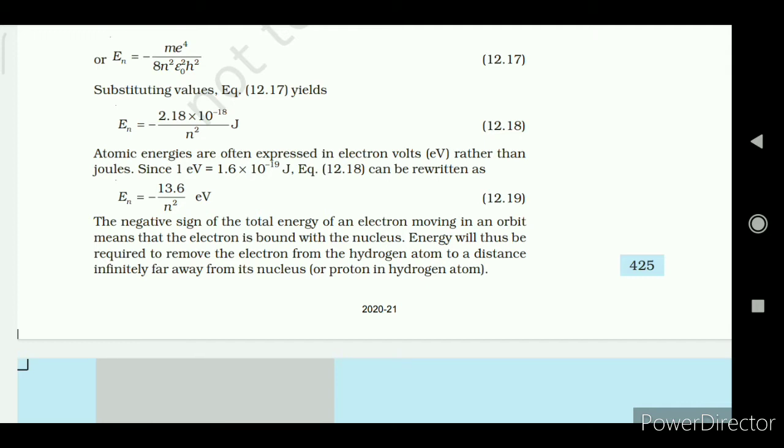Or nu if is equal to m e to the power 4 upon 8 epsilon naught square h cube into 1 upon nf square minus 1 upon ni square.